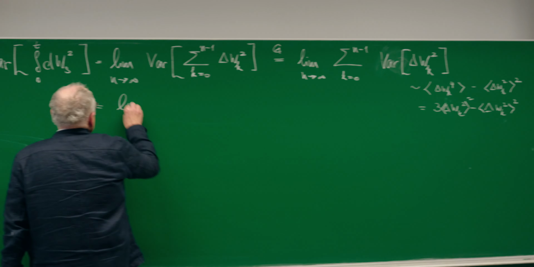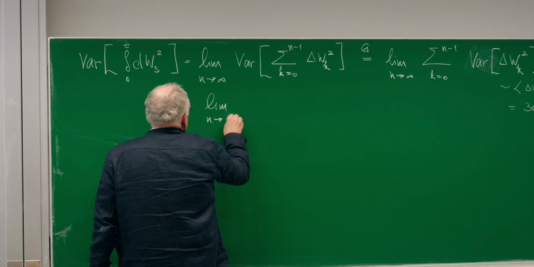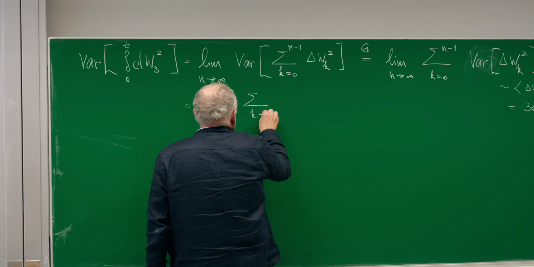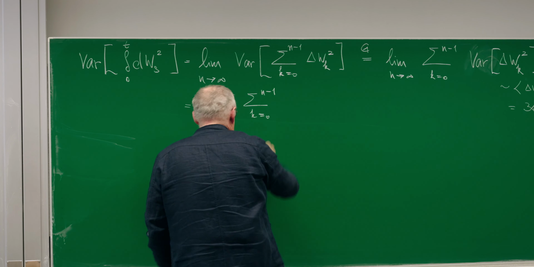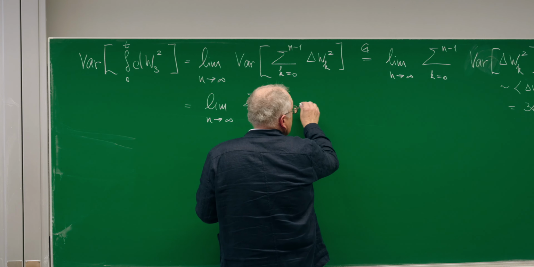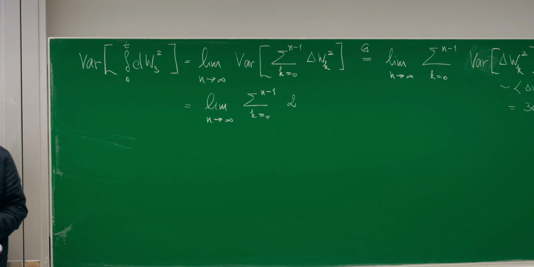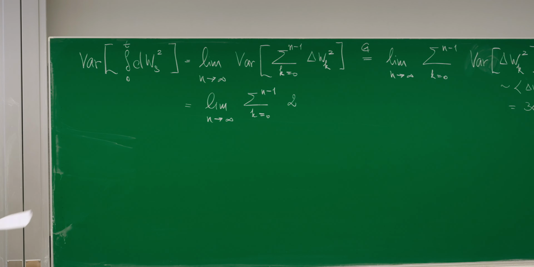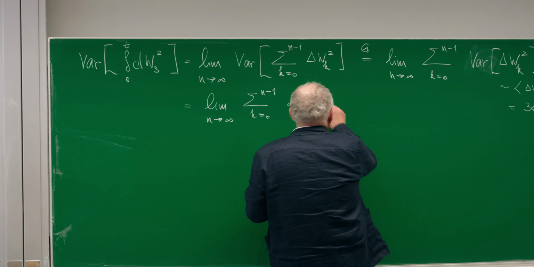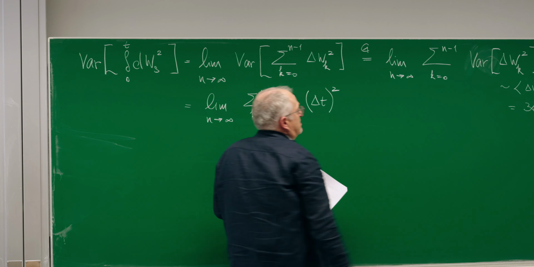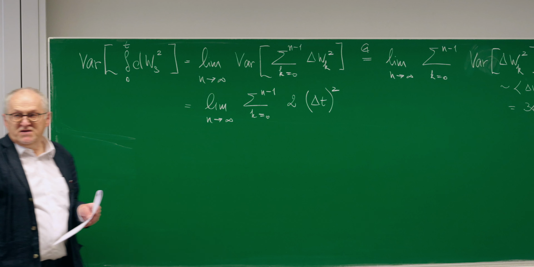So this is then the limit of n going to infinity of the sum over all our discrete time points, and I have 2 times the average of delta w k squared, which is again what? Delta t. So 2 times delta t, but now I have to square it, because I have the square of the average of delta w k squared.